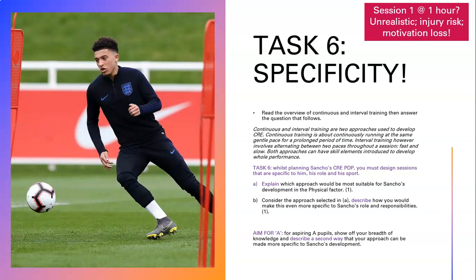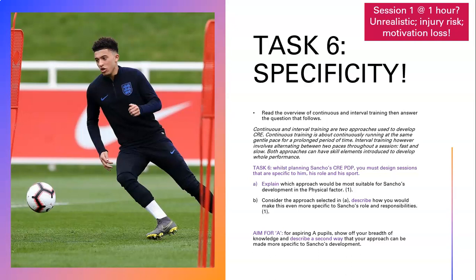Notice how I've gone through the so what there. And also, by training for too long, it could actually result in injury. That is something we need to avoid at all costs, particularly with a physical fitness factor like CRE, which is going to involve high volumes of training. It is vitally important that we set our sessions at the correct time, i.e. we make it specific to his level of CRE.